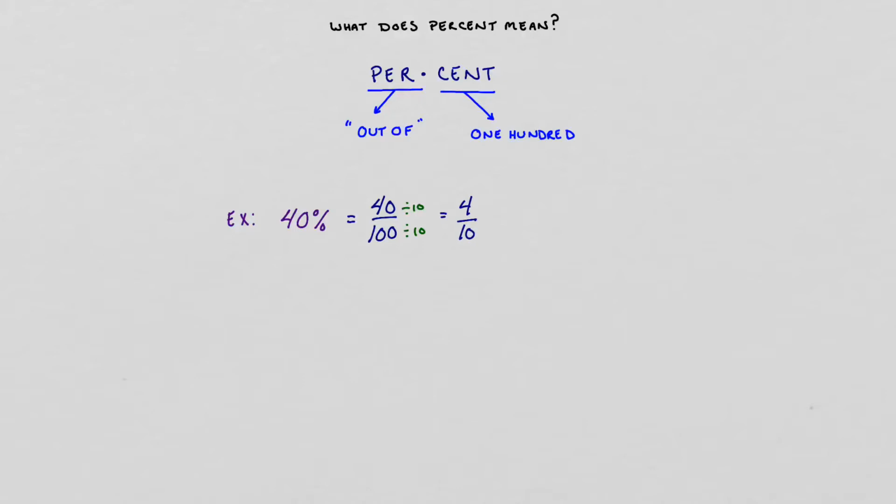And now I also see that I could further reduce this by a common factor of 2. And this will give me 2/5. Note that I am using equal signs between each of these numbers. So I am saying that these are saying the same thing. So for example, the idea of 40/100 is the same thing as 2/5.